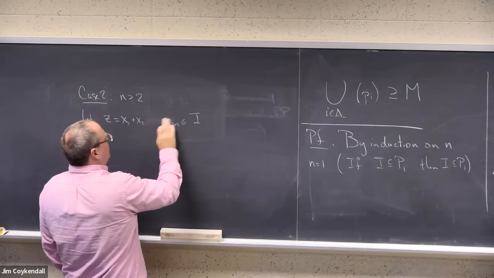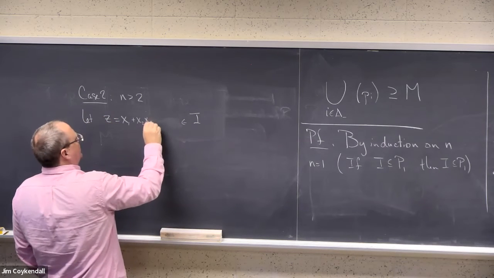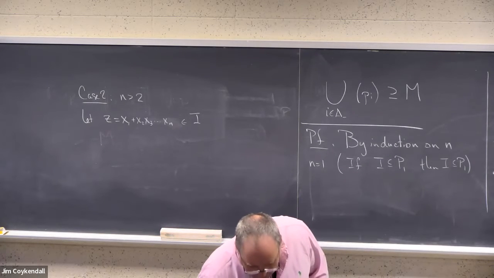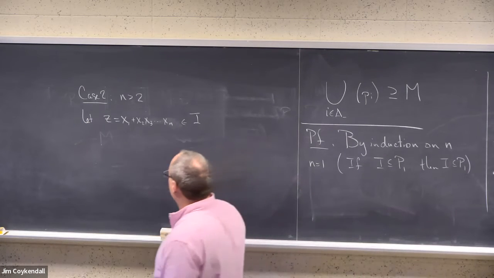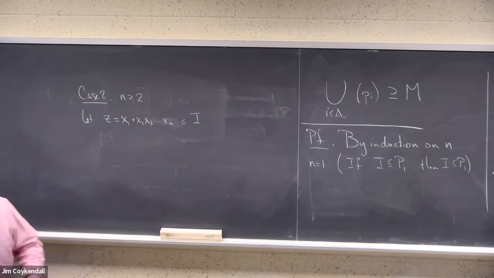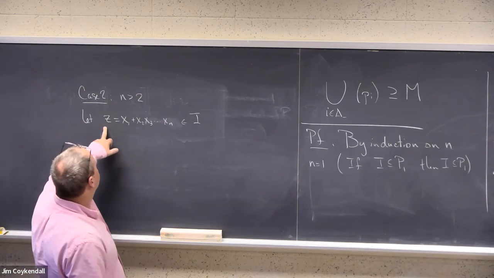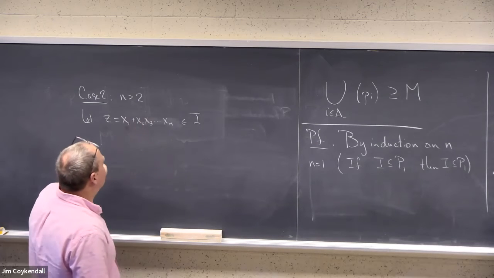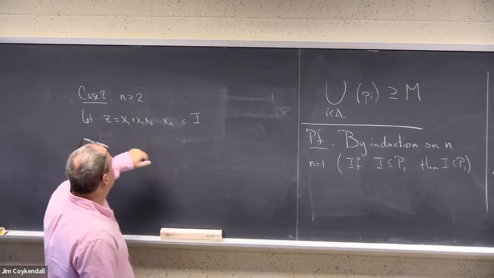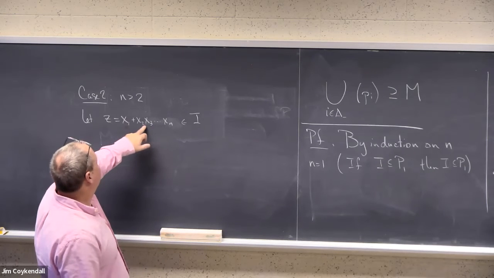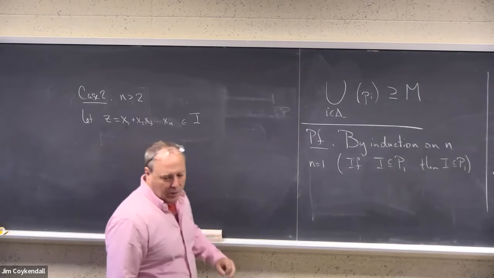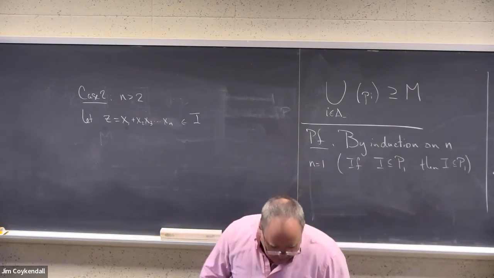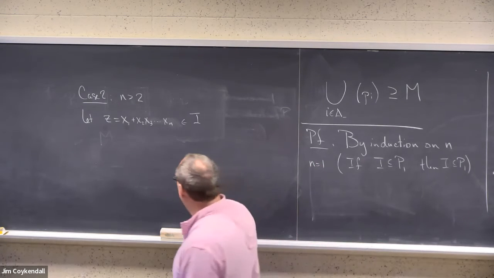So here, what I'm going to do is something slightly different. Remember, x1 is in P1, but not the rest of them, and so forth. So this thing is in I, because notice that each of those xi's are in I. So this is just like before, it's in I. Note that z is not in P1.